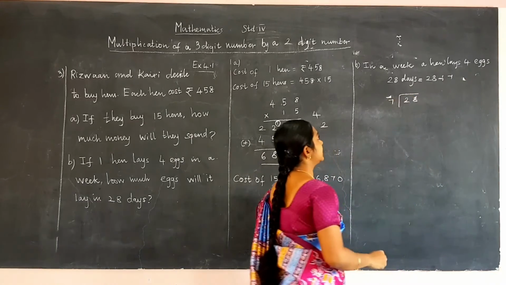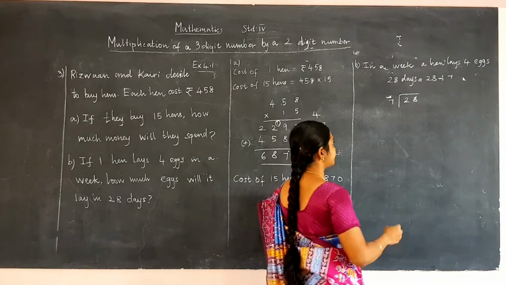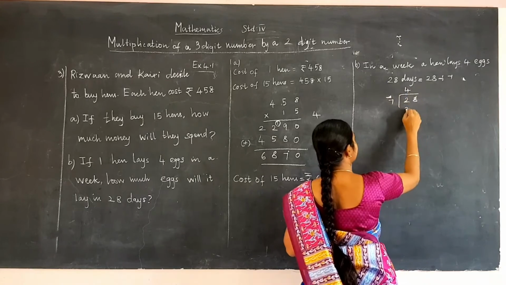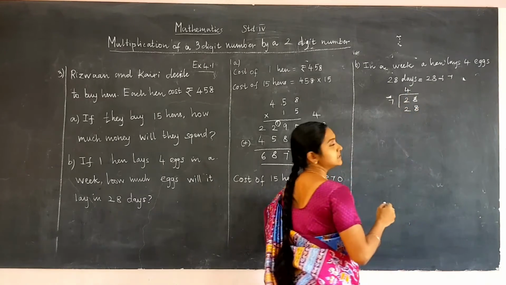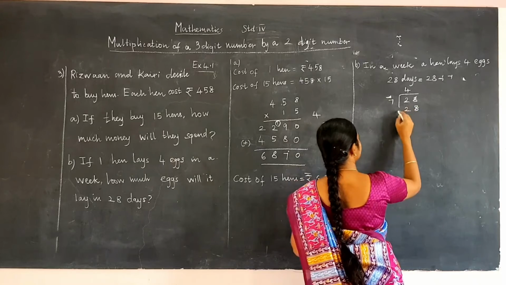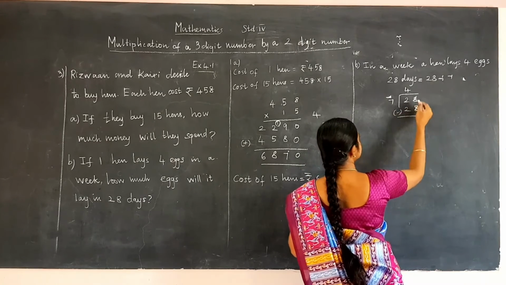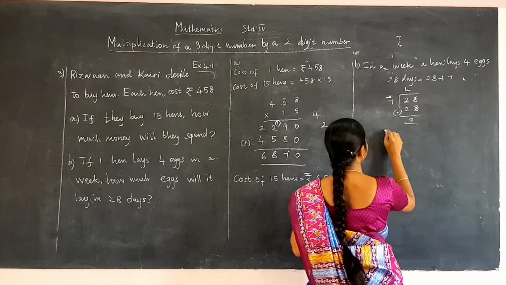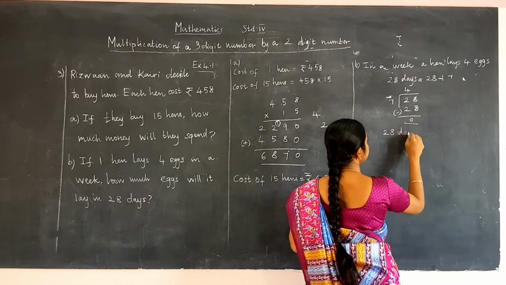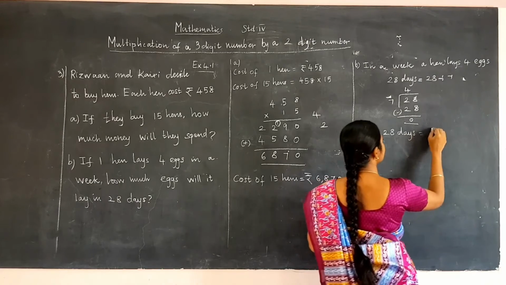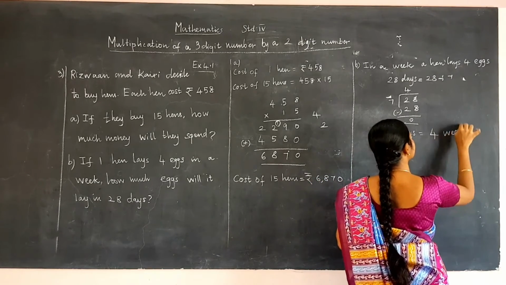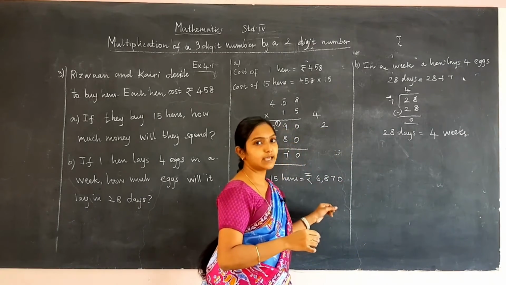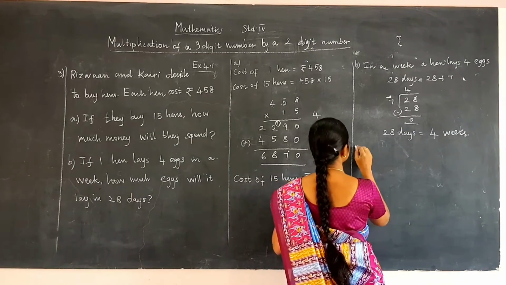So divide 28 by 7. 7 into 4 will be 28. Subtract these two numbers. 8 minus 8 is 0. 2 minus 2 is 0. So the answer is 4. So 28 days can be written as 4 weeks. We have to find how many eggs will it lay in 28 days.